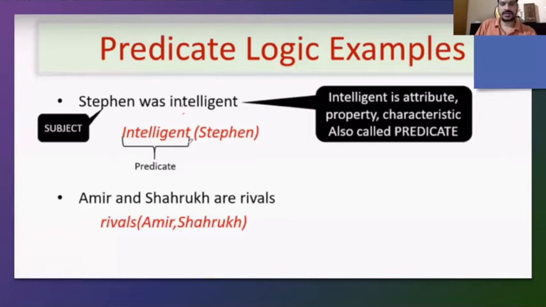Now, how can you represent it in the form of predicate logic or first order logic? You have to write the predicate first and the subject after that. So what is the predicate? Predicate is intelligent, or the attribute is intelligent. Who is intelligent? Stephen is intelligent.